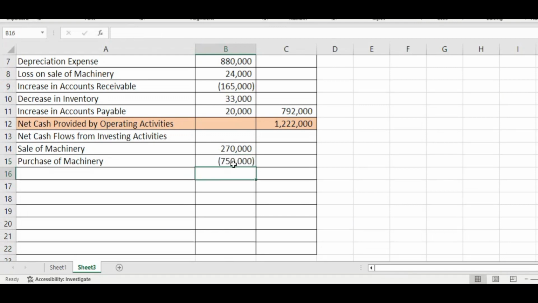Purchase of machinery will be deducted and sale of machinery will be added. So the net effect will be the net cash flows from investing activities.